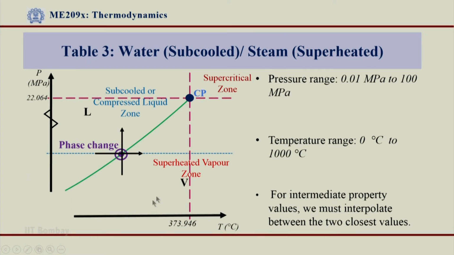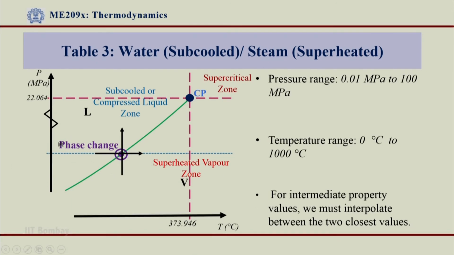Similarly, if I start increasing the pressure from a system which lied in a superheated vapor zone initially, maybe in this zone somewhere at this point, and if I go on increasing the pressure now, I will again come across phase change. This is what one can actually see from the table 3 also, alright.